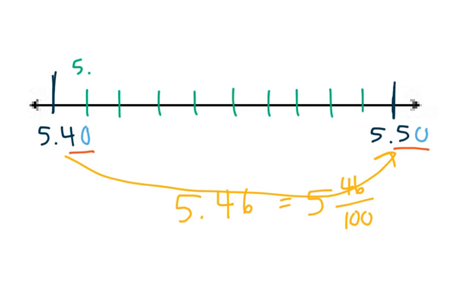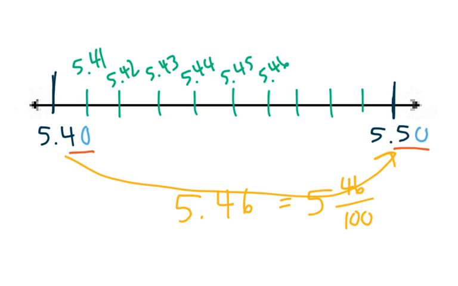So my next is going to be 5 and 41/100ths, 5 and 42/100ths, 5 and 43/100ths, 5 and 44/100ths, 5 and 45/100ths, 5 and 46/100ths, 5 and 47/100ths, 5 and 48/100ths, 5 and 49/100ths, and 5 and 50/100ths, or 5 and 5/10ths.